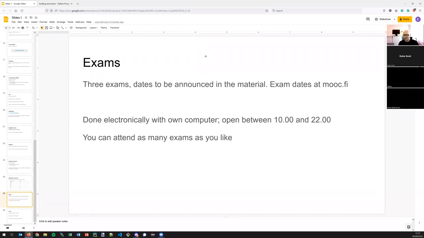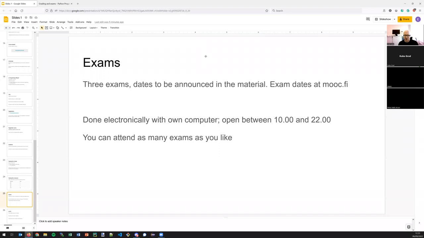You do the exams electronically with your own computer. So taking the exam is really similar to doing the exercises with the material. The basic idea is that the exam is open between 10 in the morning and 10 in the evening, and during that time, you can take the exam whenever you want.